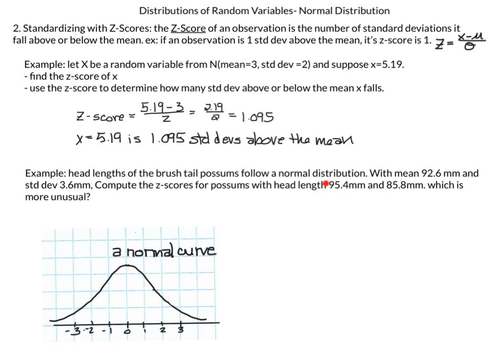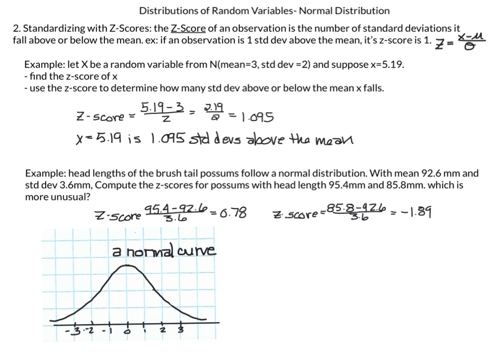So here we see one head length is bigger, the other one is smaller. Computing the z-score for the 95.4, we subtract the mean, divide by standard deviation, and we get 0.78. Computing the z-score for the 85.8, we subtract the 92.6, so this will be negative, divide by the standard deviation, and we get negative 1.89.